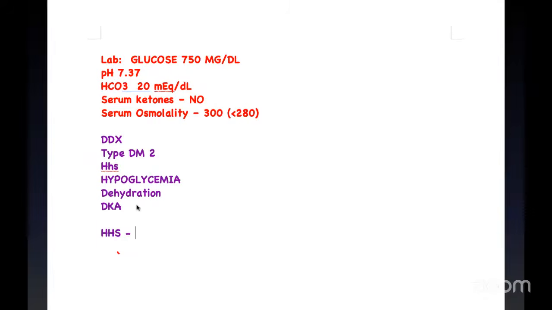So what is the problem? There's no ketones, okay? His pH is normal. This is making it more likely, right? The confusion is also fine, but the key word is you have somebody who is dehydrated. He has diabetes, does not have ketones, and his pH is normal.